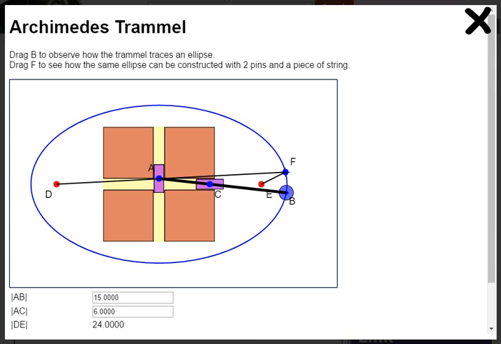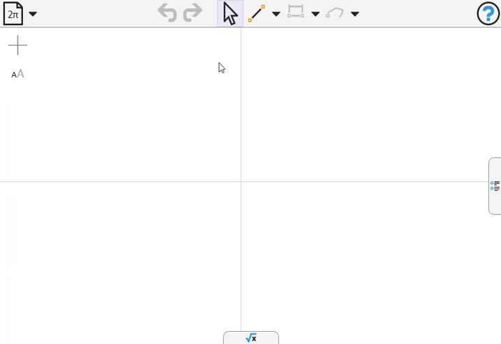So let me model that in the trammel in geometry expression. Here I can model it quite straightforwardly with a line for the trammel's arm, and I'll put a point for the slider. The axes are going to be the slots that the sliders operate in.